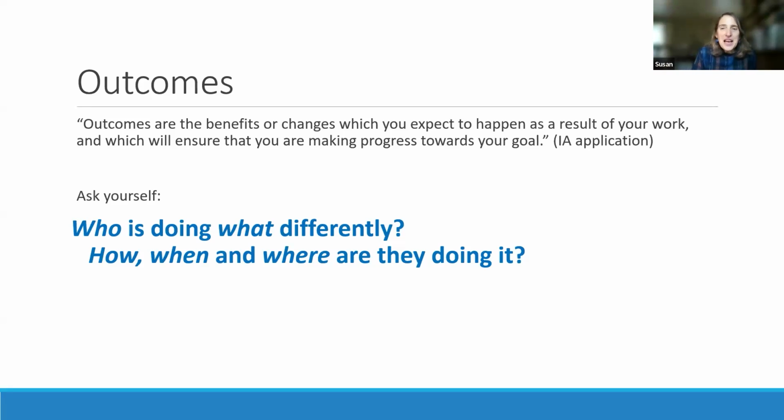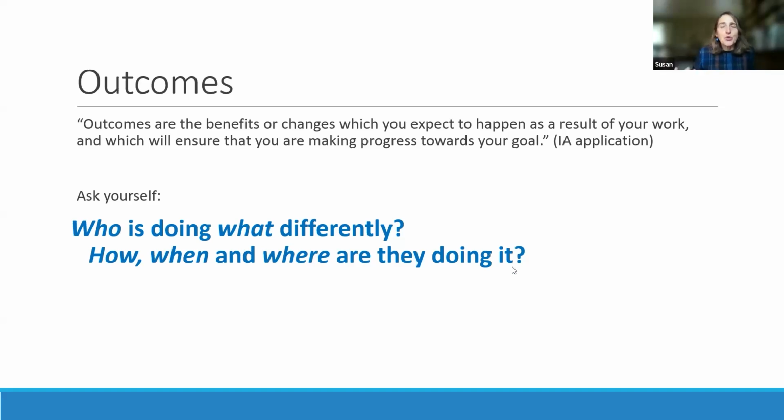And I think we have Alistair to thank for this big question, which is the important question when you're doing a results framework: who is doing what differently? That is what your outcome has to be about. And the minor question under this is how, when, and where are they doing it? But your outcomes are all about that.